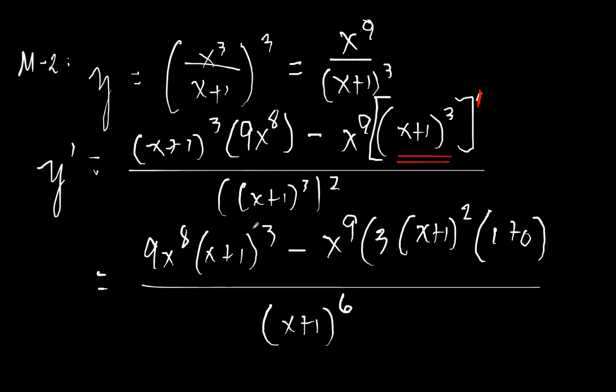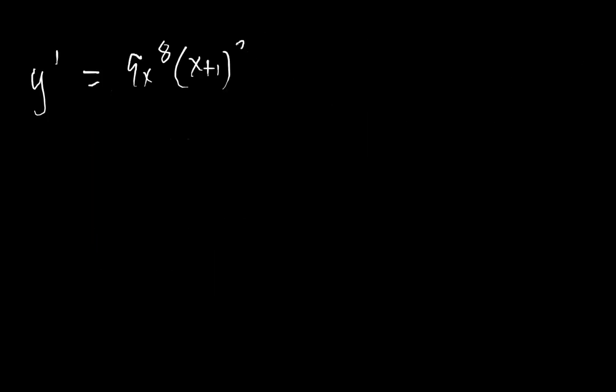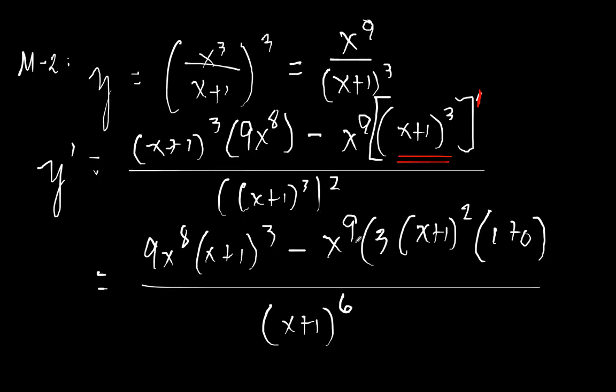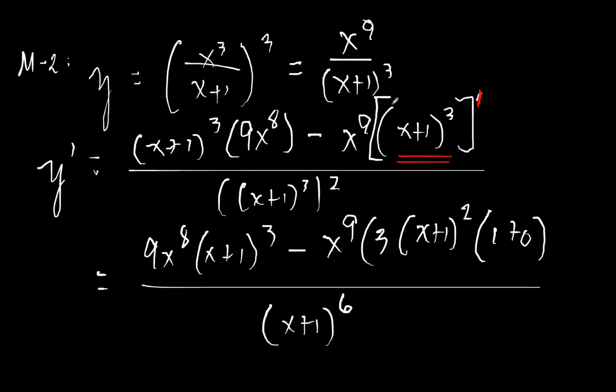Okay, so we can simplify the numerator now. Let's move on to the next slide. That's y prime is equal to, let's copy, 9x raised to 8 times x plus 1 cubed, minus 3x raised to 9 times x plus 1 squared times 1.